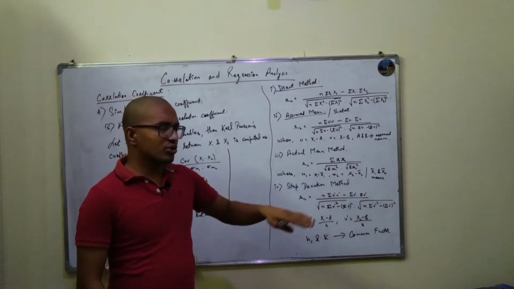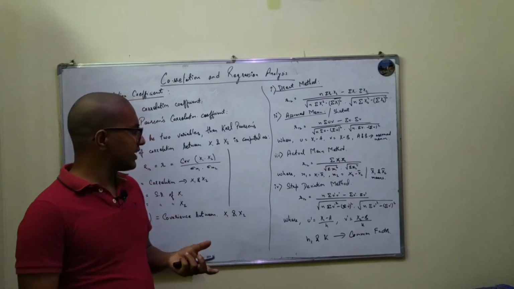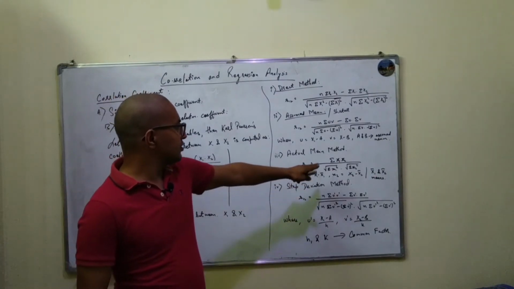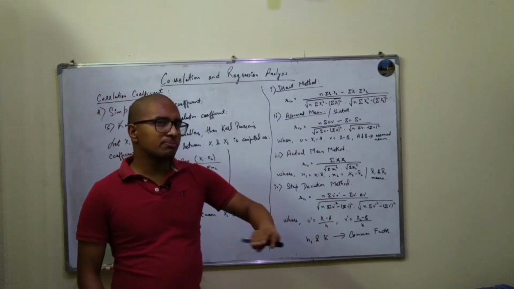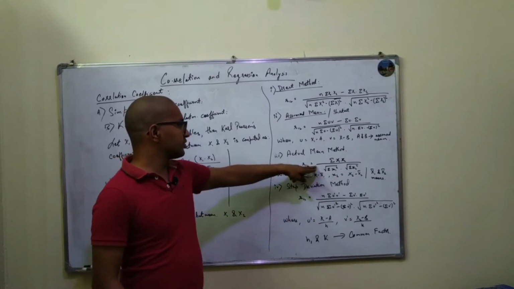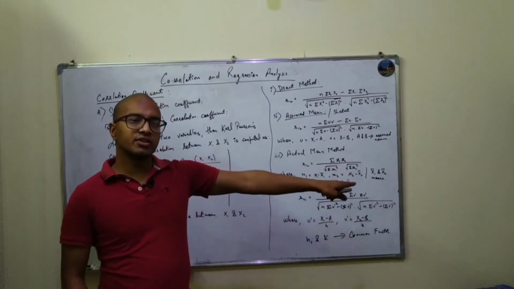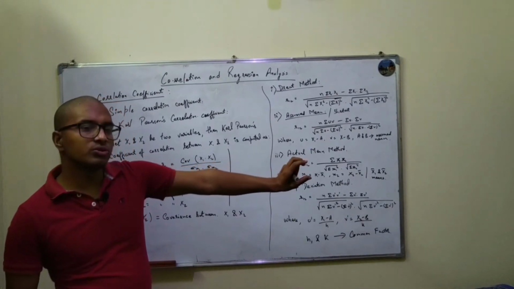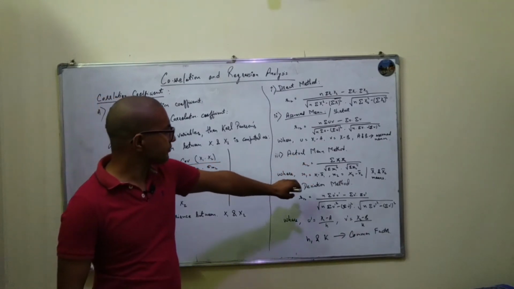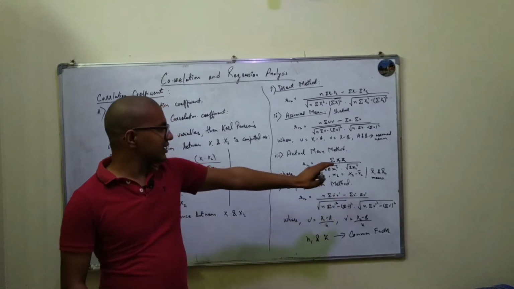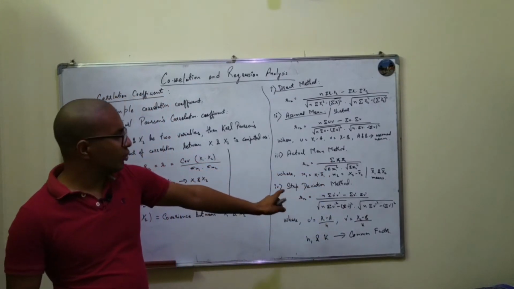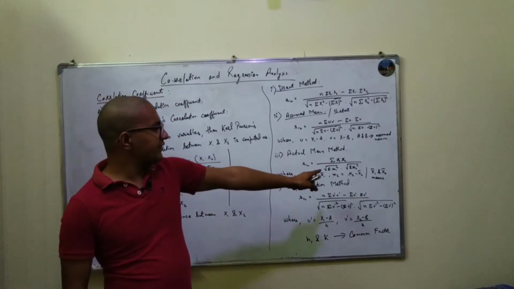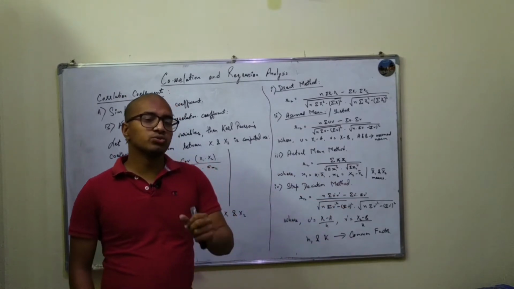So in case of the actual mean method, you use a bit of a different formula. It is the summation of x1 into x2, a multiplication of x1 and x2, summed. And then under root, summation of x1 square and summation of x2 square.